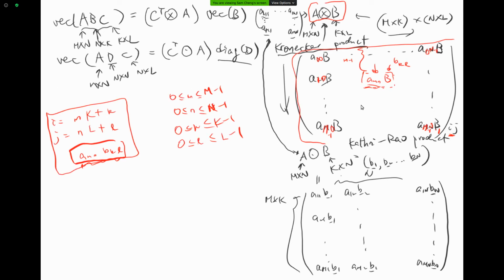Oh, okay, maybe I'm missing m minus 1. Let's see, m is okay, I think. So I start with index 0. That's why I want to start with index 0. Yeah, that makes it a little bit easier. Then it will be m times k here, right? So that's the m k row here, and the number of elements going down will be plus small k, basically, right?